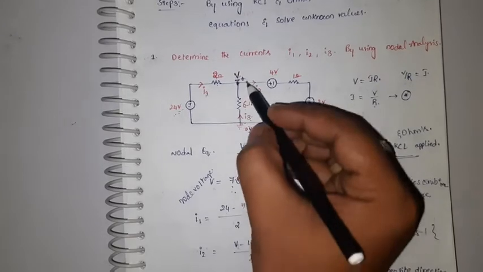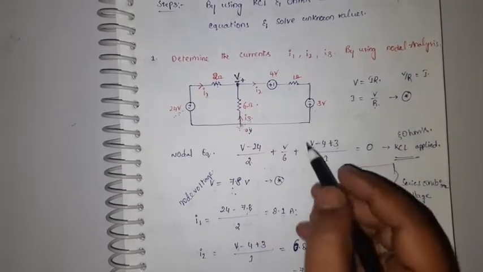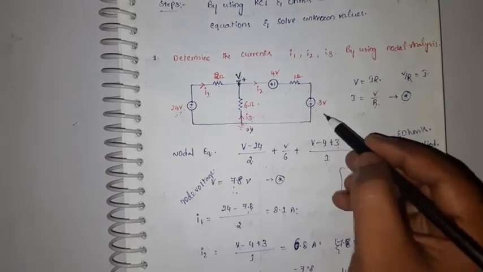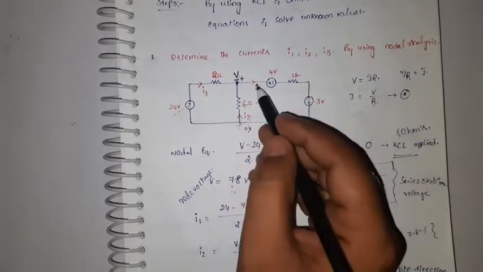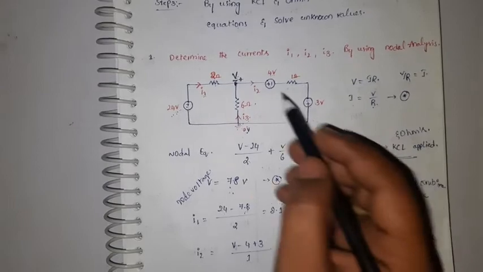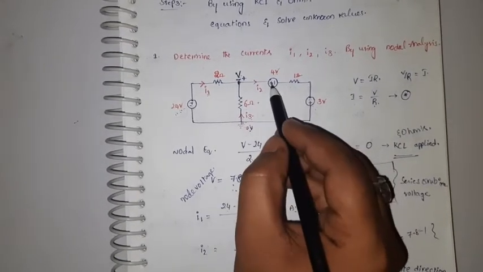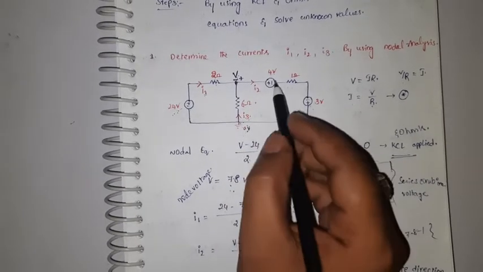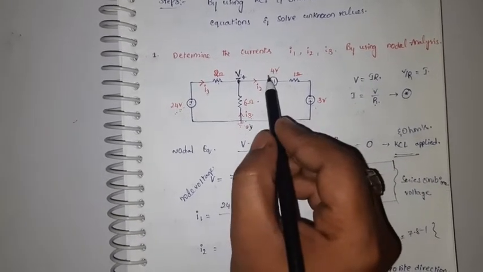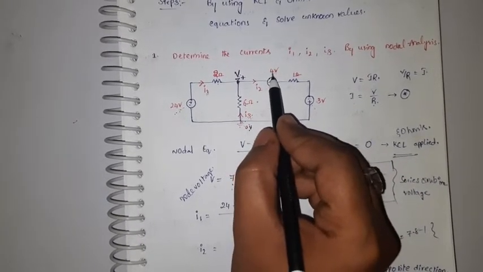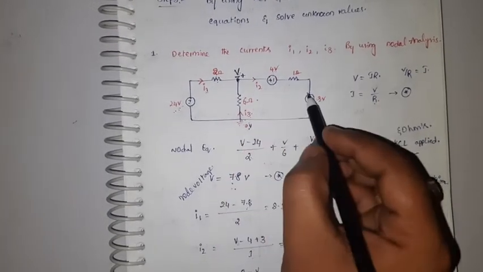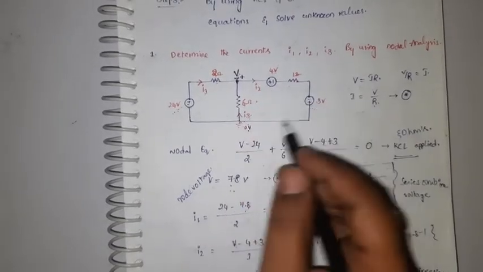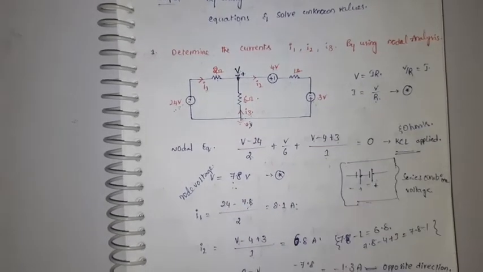V by 6 is the current in this branch, and (V minus 4 plus 3) by 1 ohm is the current in this branch. These two have the same polarity connected to the same node, so we must subtract this 4 volt, and this is connected the other way, so we must add this one.